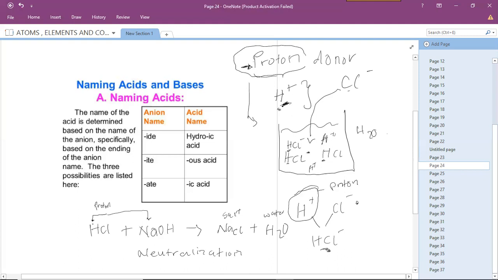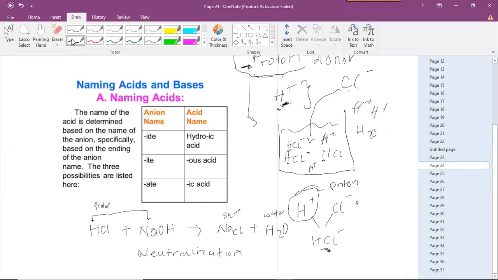So this hydrogen plus ion will be donated to this base, sodium hydroxide, to produce this salt, sodium chloride, plus water. So in this sense, an acid is a proton donor, but in this sense, when it dissolves in water, it's going to produce hydrogen ions as the only positively charged ion.